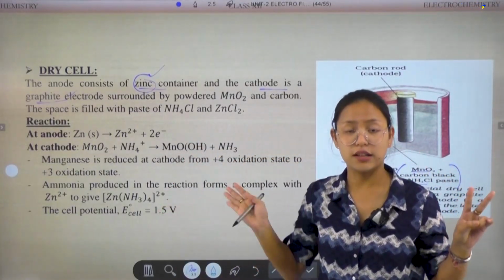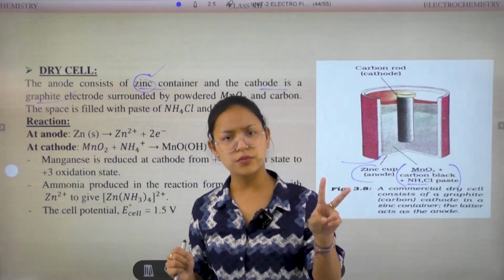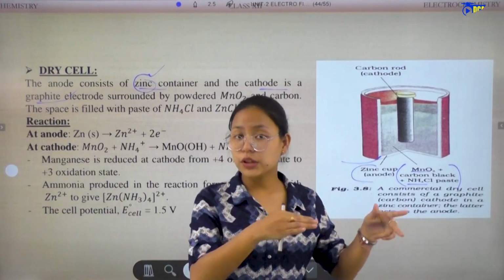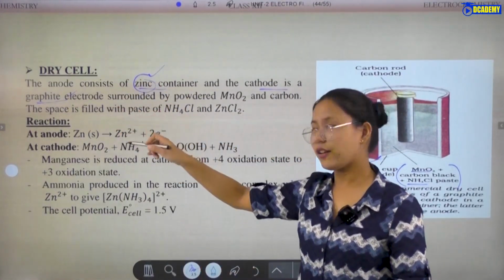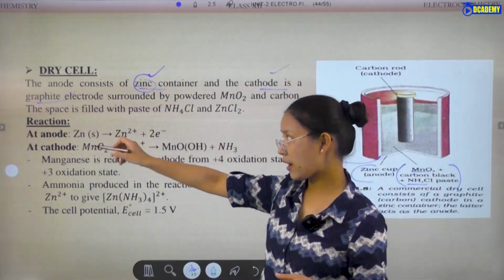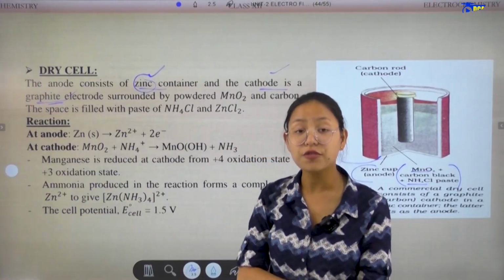Because we are considering electrochemistry, there are two types of electrodes all this time: one will be oxidation and another will be reduction. Here the anode is zinc and the cathode is graphite. Graphite is one of the electrodes of carbon.